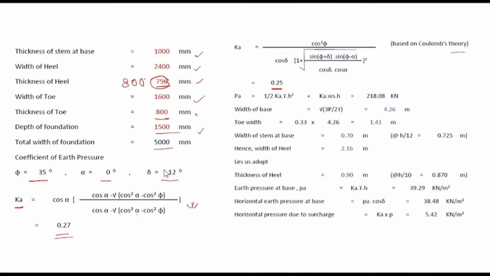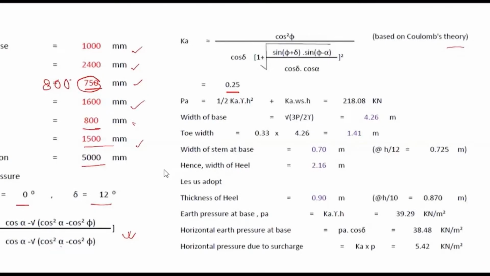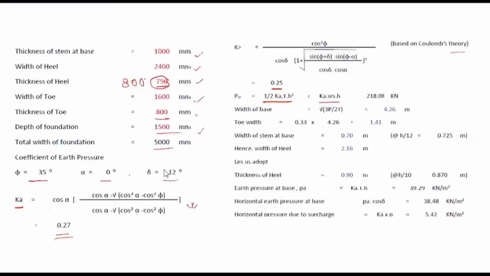Now we have seen how to calculate this PA. The force will be half Ka gamma h square, where h is the height. This is the PA, the pressure due to surcharge. Due to surcharge, what will happen? This is Ws.